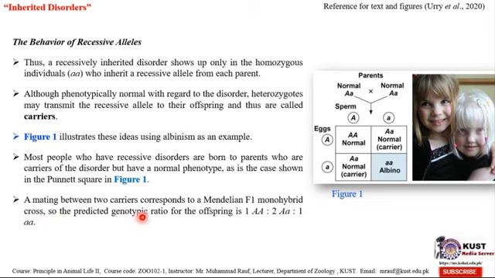So the predicted genotypic ratio for the offspring is 1 to 2 to 1. One is normal, both the alleles are healthy. Two are carriers and one is defective. So it is a typical Mendelian ratio.